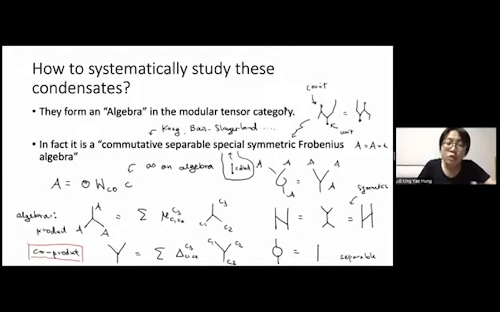And being an algebra means that I should be able to determine a product of these objects. Remember, all the fusion bases have already been determined. They are these kinds of pictures where C1 and C2 can go to C3.